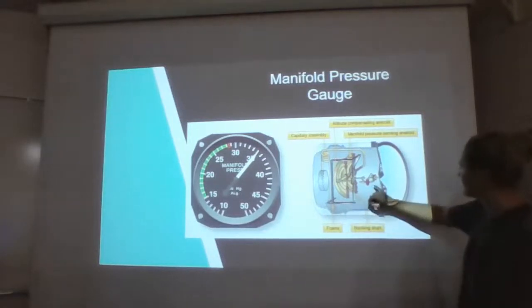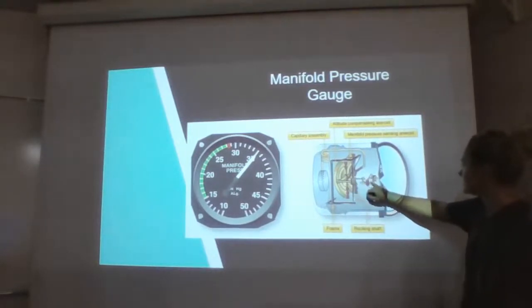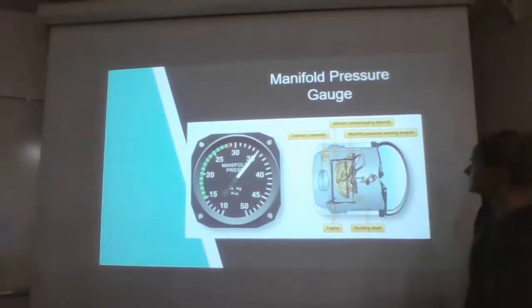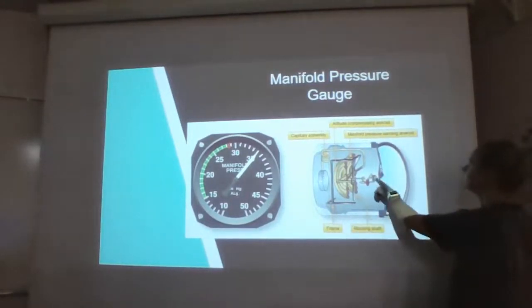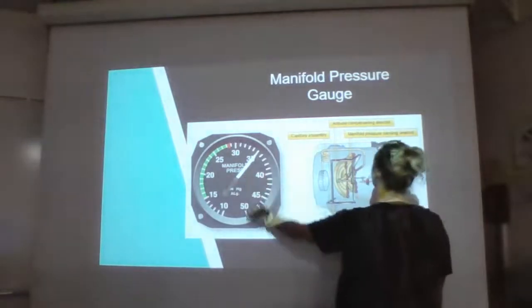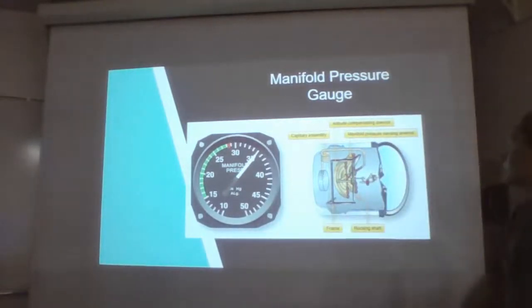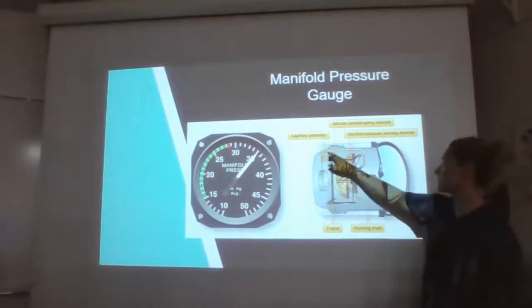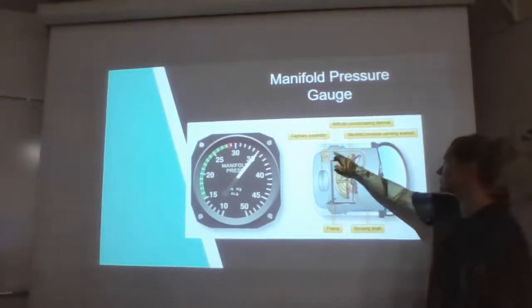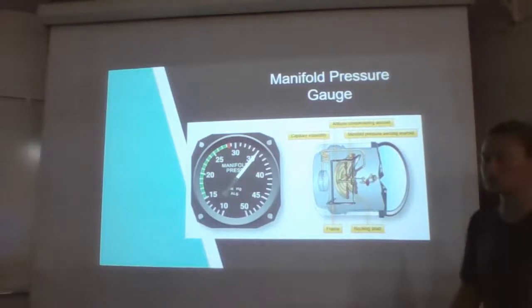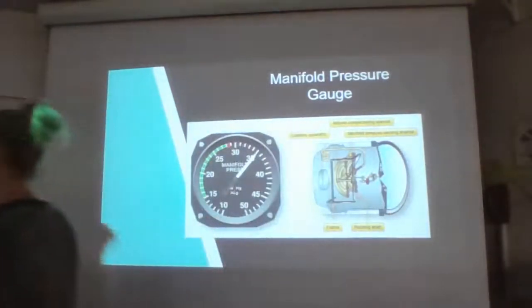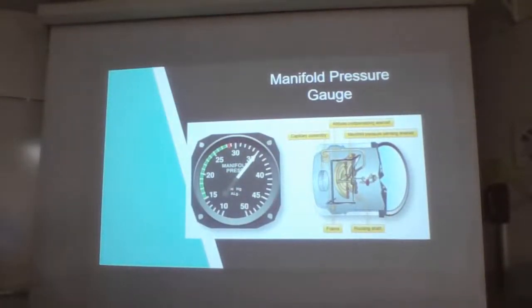It also shows you how this pinion gear is connected to the needle that will move, your needle marker when it's being read. And right here it says capillary assembly. This is where your air is connected to, so it can read that manifold pressure reading. So that is a really good diagram about how the internal components of this instrument work.